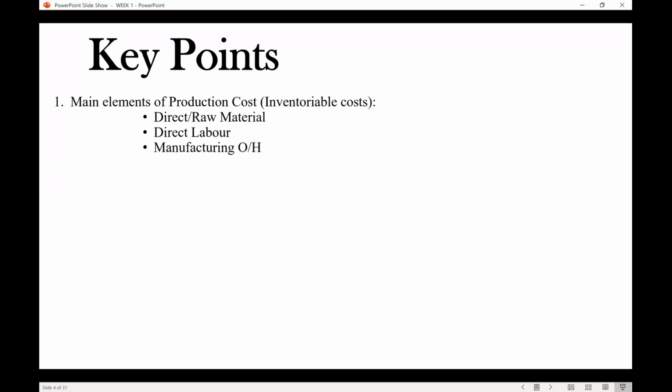And remember, prior I had said your production cost is divided into direct and indirect costs. So we can see here the direct costs, the direct labor, the direct raw material, and our manufacturing overheads would be the indirect costs, right?